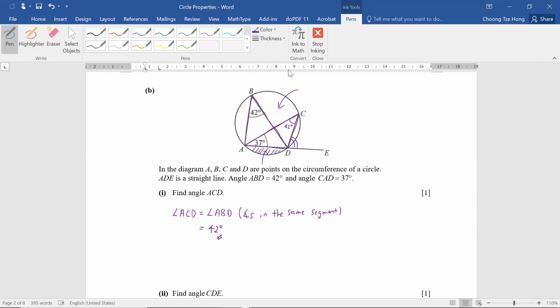Where are the two interior opposite angles? They will be the angles opposite angle CDE, which means this angle and this angle. It can't be the angle adjacent to CDE, which is basically CDA. So it's the other two angles.